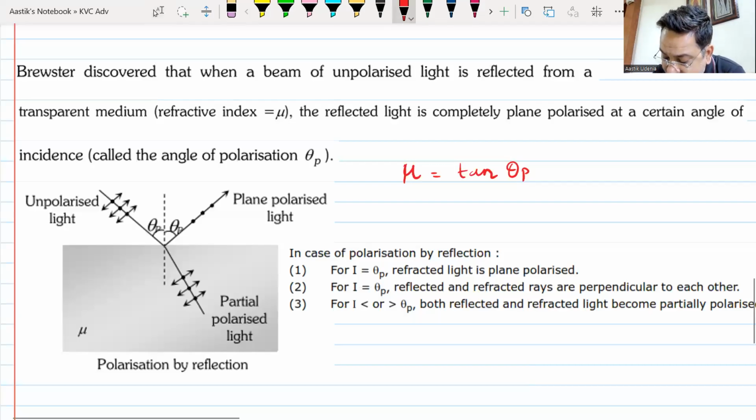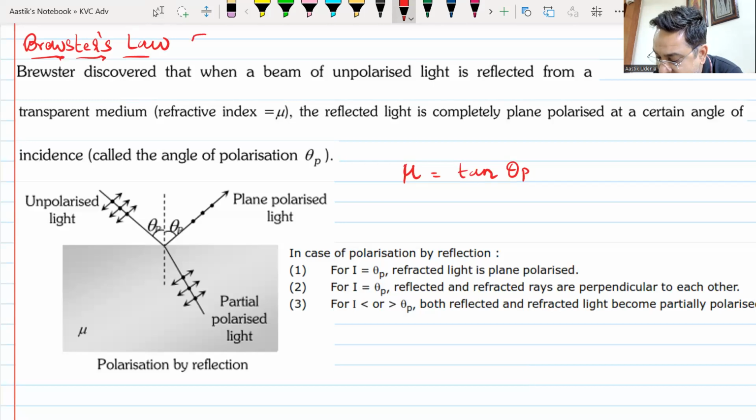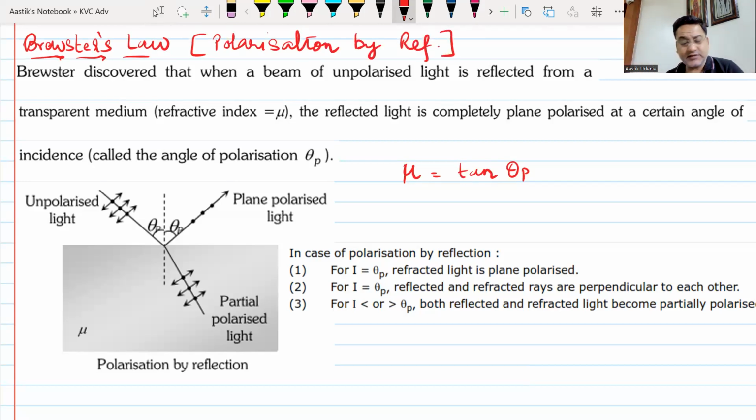The next heading is known as Brewster's Law. And this comes under the heading of polarization by reflection of light. Now what happens, this was discovered by Brewster, and therefore it is known as Brewster law. Just making you understand the definition is not good.